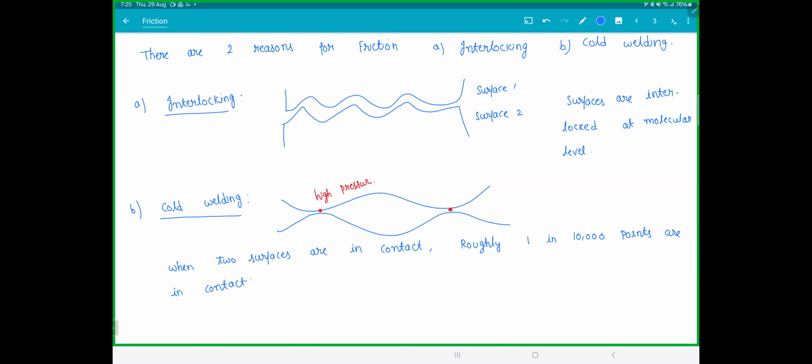That number is just a variable number. Could be anything. This leads to high pressure, which creates bonds between them. These bonds are called cold welding joints. So now if you want to move the surfaces, you have to break these bonds and then you have to move ahead.